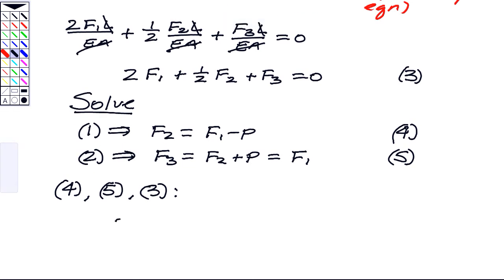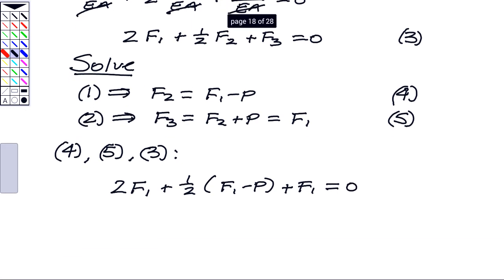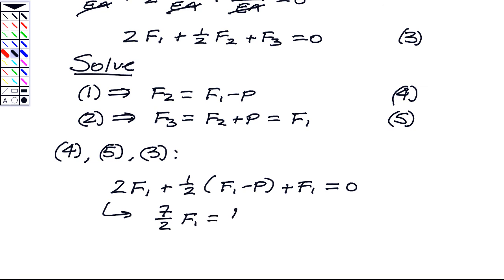And I get 2F1 plus 1/2 of F1 minus P plus F1. So what I've done is reduced it from 3 equations in 3 unknowns down to a single equation in terms of a single unknown. So from this, on the left-hand side, that's 7 halves F1. On the right-hand side, it's equal to P over 2.